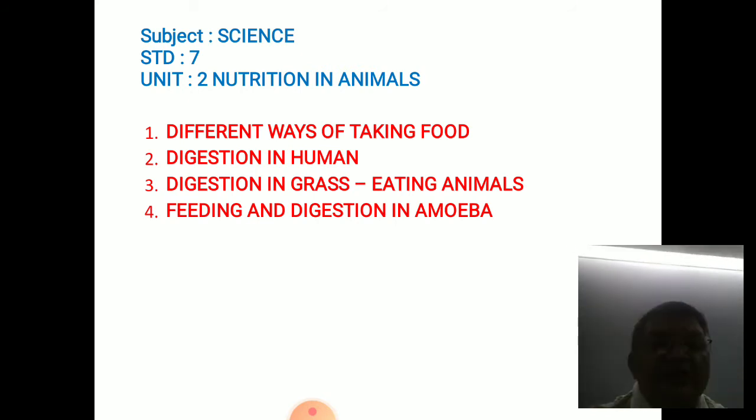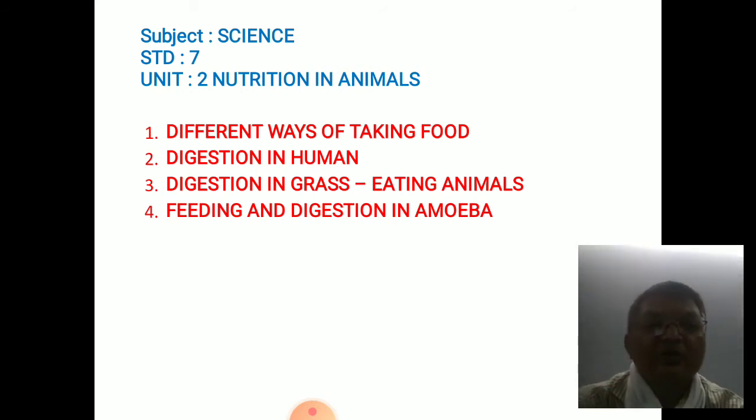Amoeba is a single celled organism and it gets nutrients and digests food. But how? That we'll see in this chapter. So I hope you will enjoy this chapter, chapter number 1, nutrition in animals.